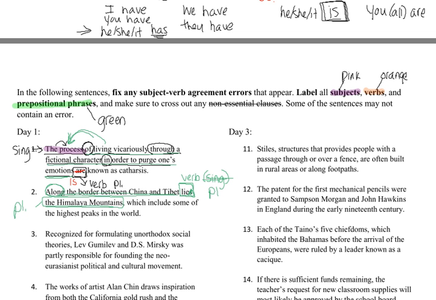And after that comma just gives us more additional information, which includes some of the highest peaks in the world, is telling us more about those Himalayan mountains.